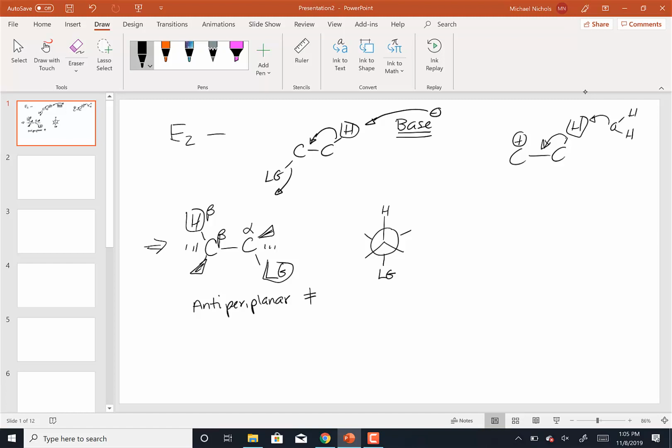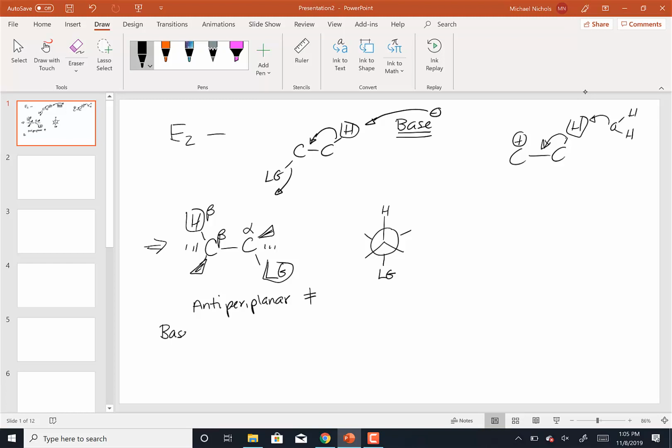And what's the purpose of having them anti? Well, that's a good question, and it's a little more complicated. They have to be antiperiplanar because that leads to the lowest transition state energy. And here's how that works. First of all, let's write the transition state.